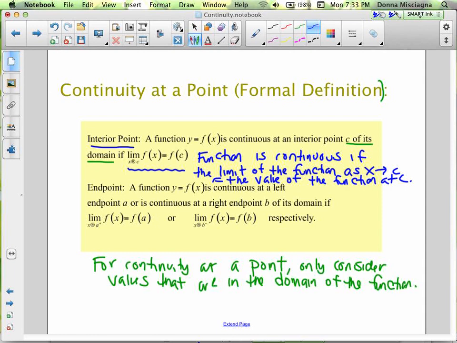So for endpoints, a function y equals f of x is continuous at a left endpoint or continuous at a right endpoint of its domain if, and this is our right-hand limit, the right-hand limit equals the value of the function.